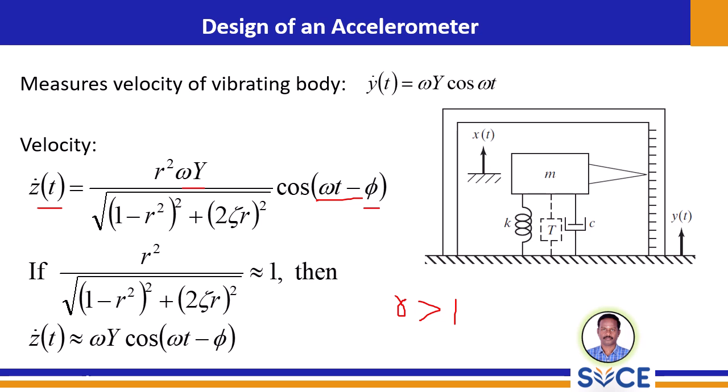Therefore, by carefully selecting the mass, spring and damping coefficient to ensure a low natural frequency compared to the frequencies of interest in the vibrating body, we can create a velocity transducer where the output is a reliable measure of the input velocity. This principle forms the basis for many practical velocity measurement devices.